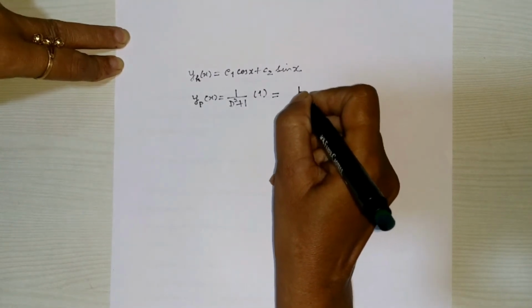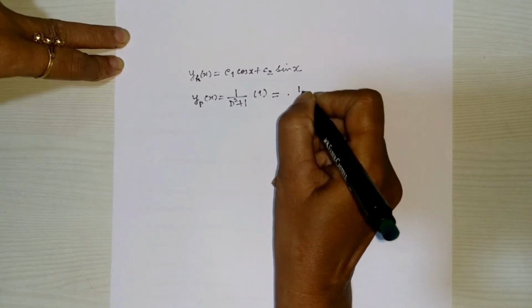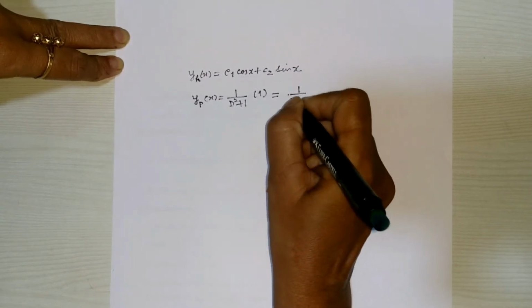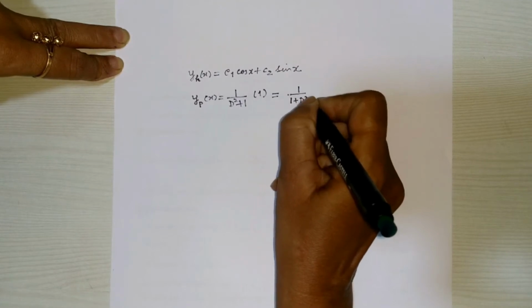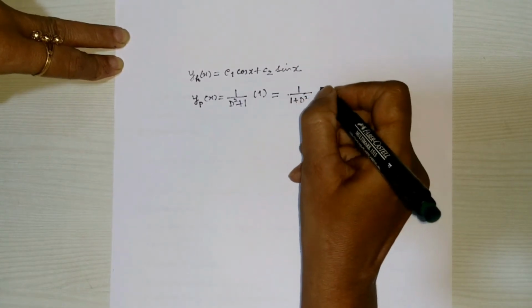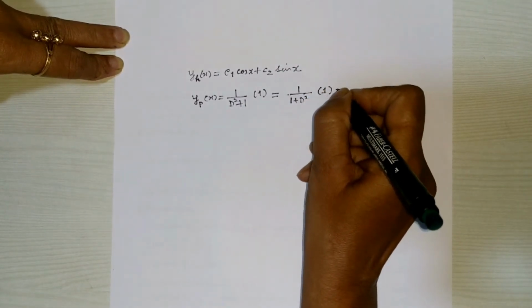This can be written as 1 upon 1 plus D squared, and then we will apply the binomial theorem to expand it.